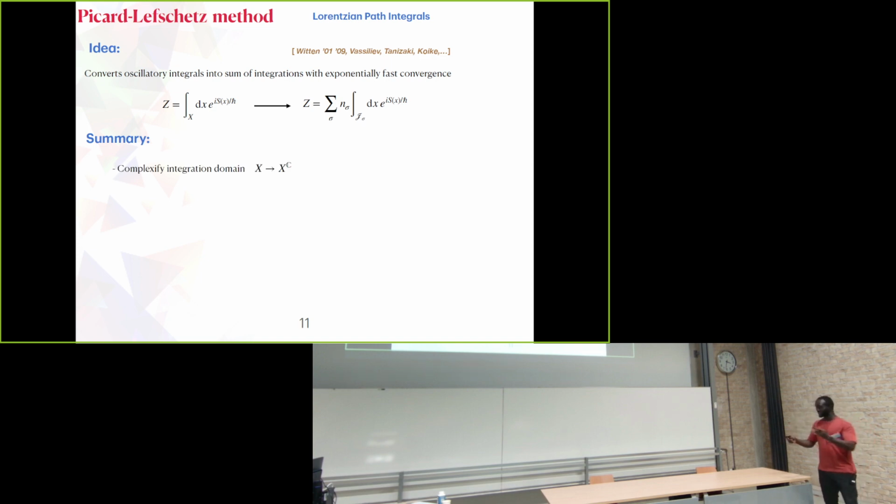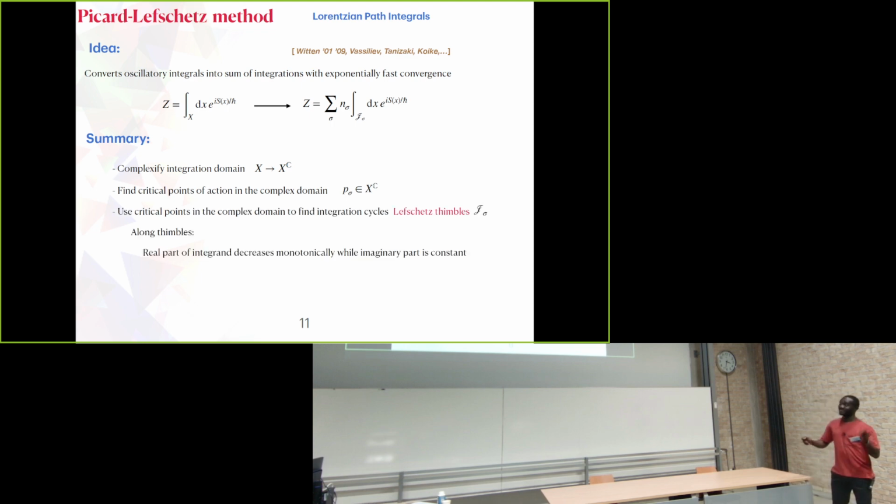The first step is that you complexify your domain of integration. Here I just call it X complex. Then you look for critical points of your exponent. Here it will be the action. These critical points will be in the complex domain.